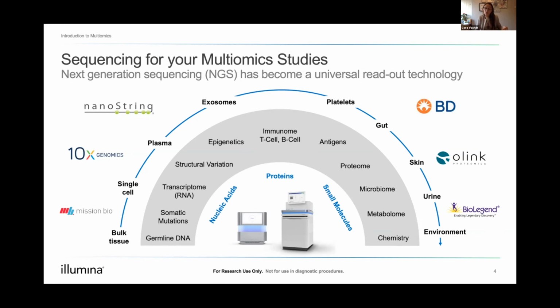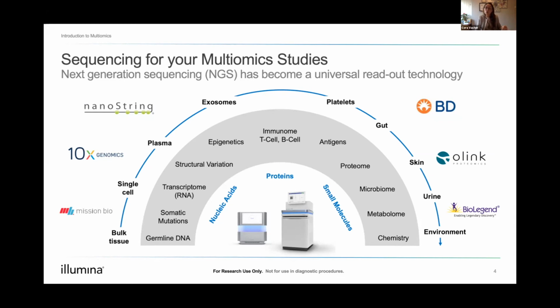That allows us to provide solutions for a very broad range of samples, from what you would expect, bulk tissue and single cell, but also more and more, we see people interested in bodily fluid, and extracts of bodily fluid. Exosomes, I think, are at the moment very exciting, especially when it comes to cell-free RNA or cell-free DNA for methylation.